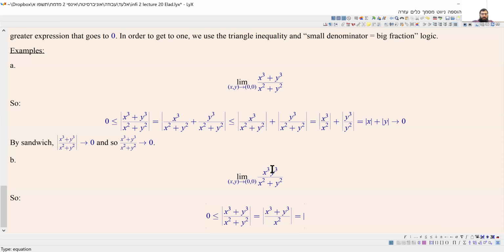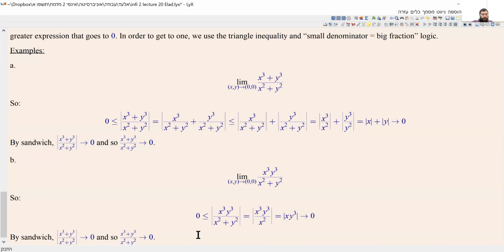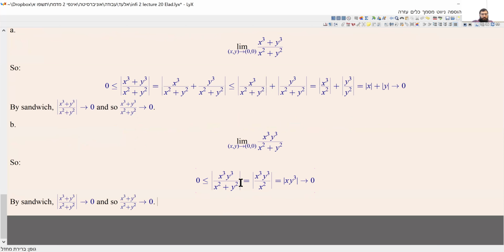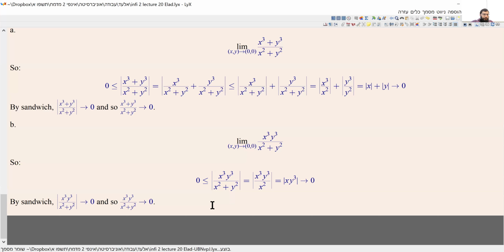Multiplication now. We're left with x y cubed, which goes to 0. And by sandwich, this nice little fella goes to 0. So it goes to 0 without the absolute value as well.